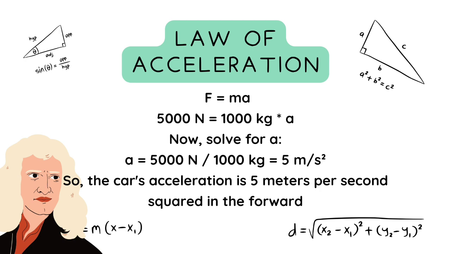So, 5000 newtons is equal to 1000 kilograms times a. The a is missing. So, our a is now 5000 newtons over 1000 kilograms. It is equal to 5 meters per second squared. So the car's acceleration is 5 meters per second squared in the forward direction.